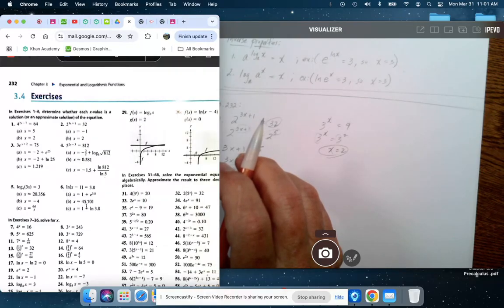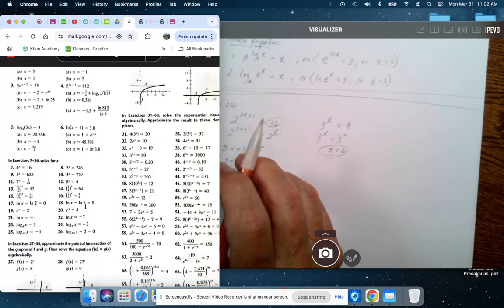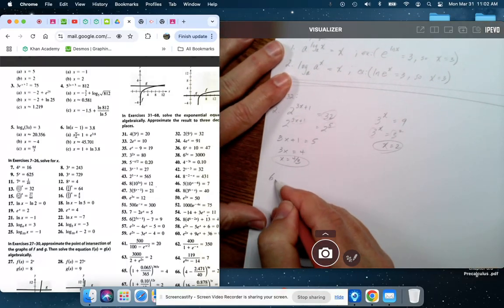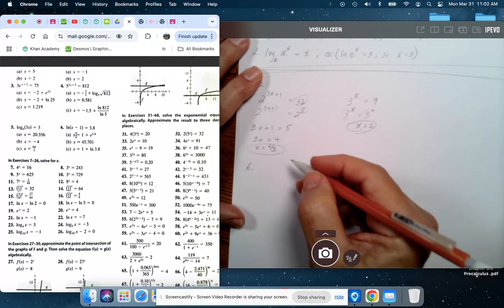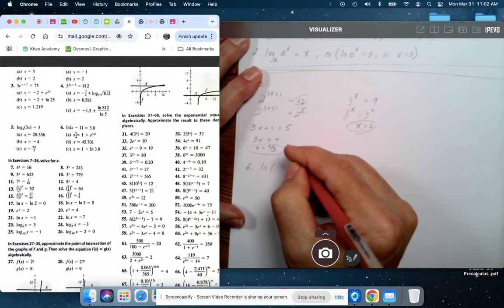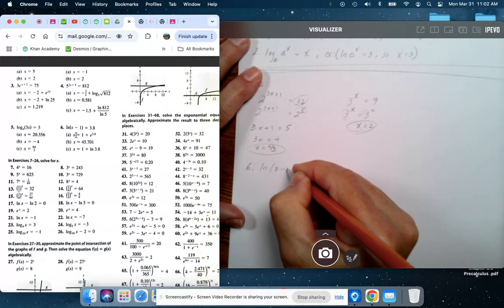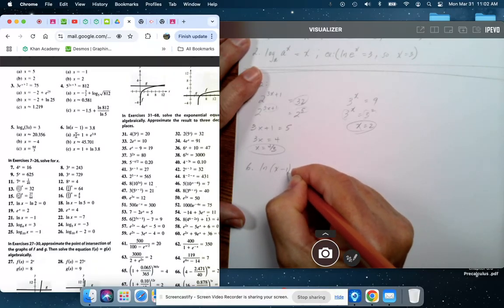Going on to the next section, I guess I should do one with a logarithm, so I'll do number 6. Natural log of x minus 1 equals 3.8.